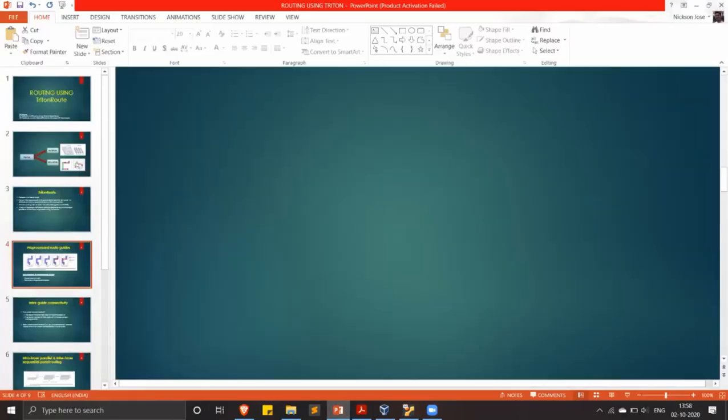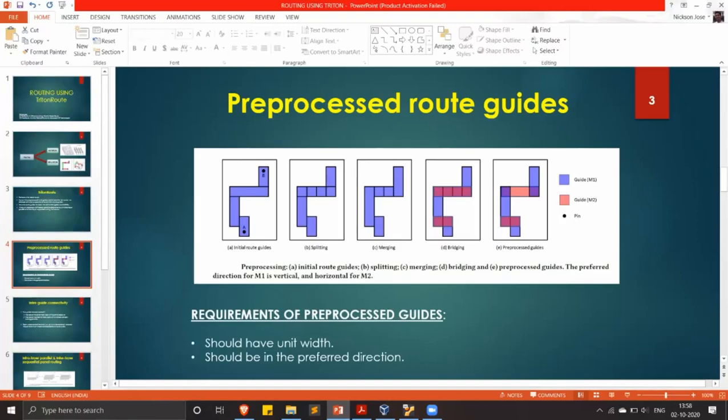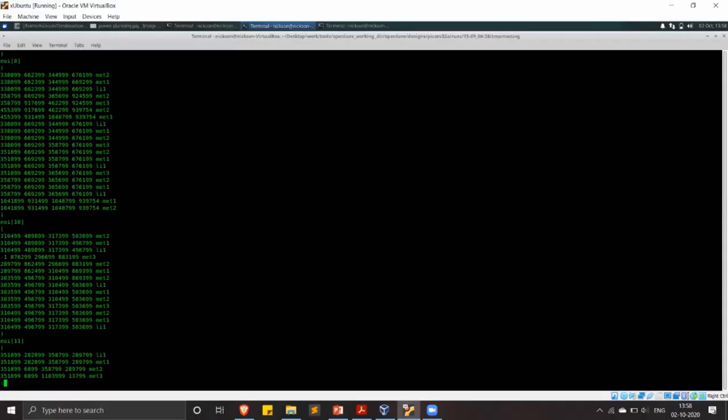If I take the definition once more, routing guides are basically rectangles, and for a net there can be many routing guides. So if you see, this is the net, EOI is 0, and this is one routing guide on metal 2, another routing guide, another routing guide. These are our routing guides.